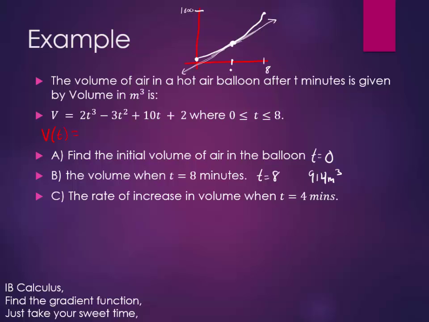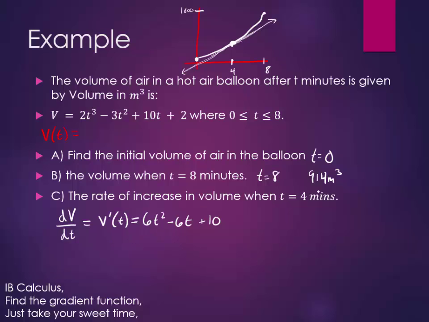To do that, we have to find the derivative, V prime of T, which equals 6T squared minus 6T plus 10, I believe. That is V prime, also written as dV over dt.